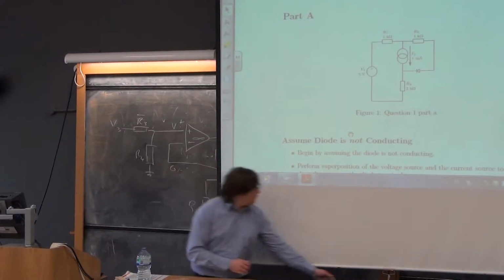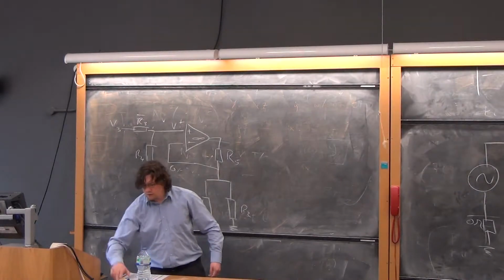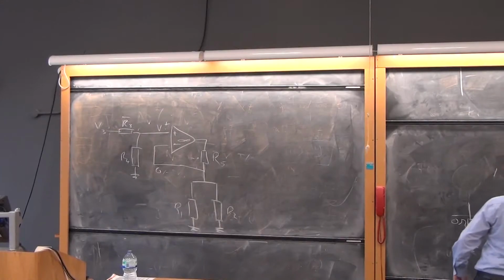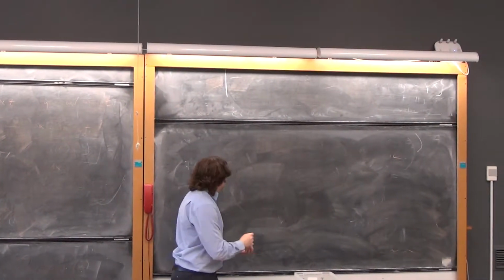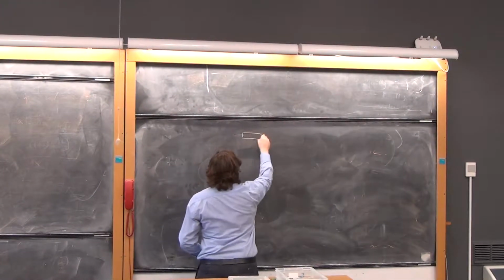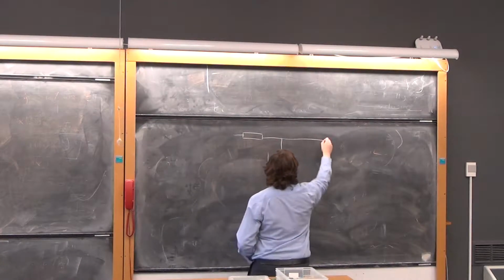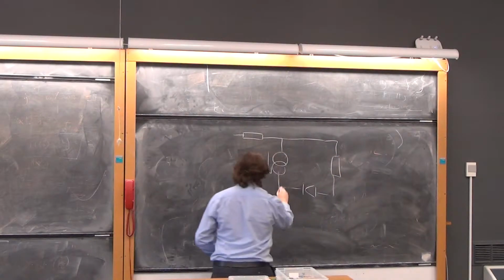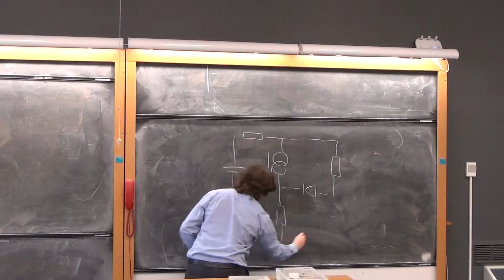So, we've got resistor, current source, diode, resistor, that it?